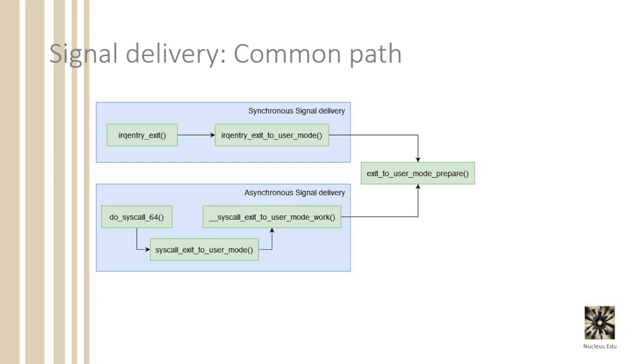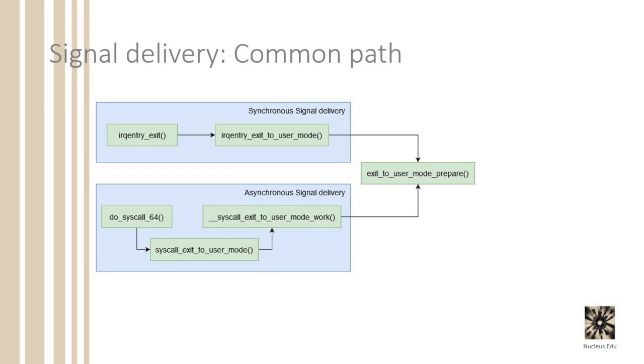For the synchronous one, it starts from irqentry_exit, which is from a macro-generated IDT table function. For asynchronous, it's right after a system call has been completed, through syscall_exit_to_user_mode_work, and it lands up in this function exit_to_user_mode_prepare.